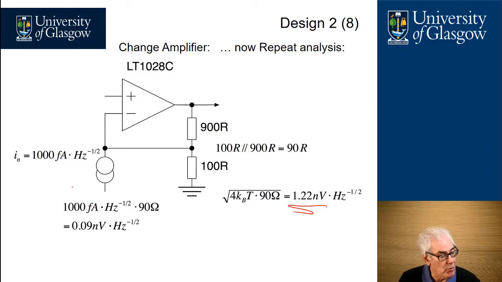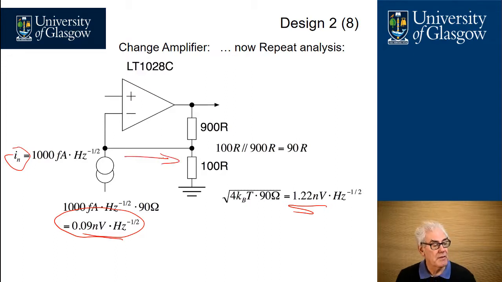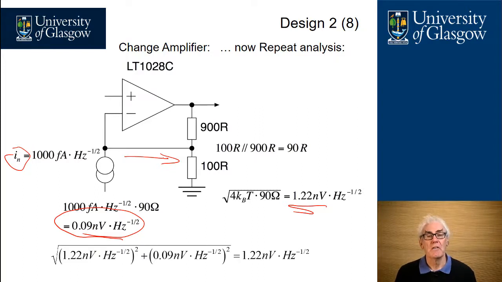Similarly, we've also reduced the contribution from the noise current flowing into the 90 ohm resistor because it's a much lower impedance, so we've effectively improved it overall. So we only have a contribution of about 0.09 nanovolts per root hertz, which gives us a total value here of 1.22 nanovolts per root hertz.